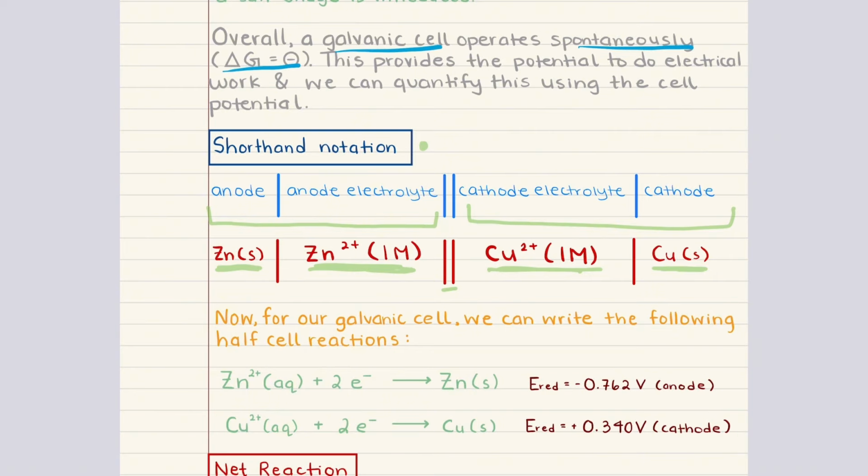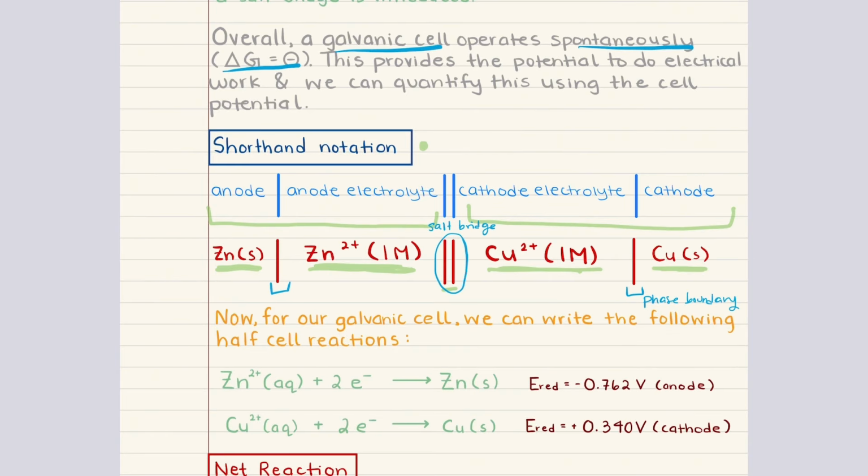Each part of this notation has a specific meaning. So the single vertical bar represents a phase boundary. So for example, between a solid metal and an aqueous solution, which we see here and here. And then the double vertical bar represents the salt bridge or porous barrier, which separates the two half cells while still allowing ions to move to maintain that charge balance.